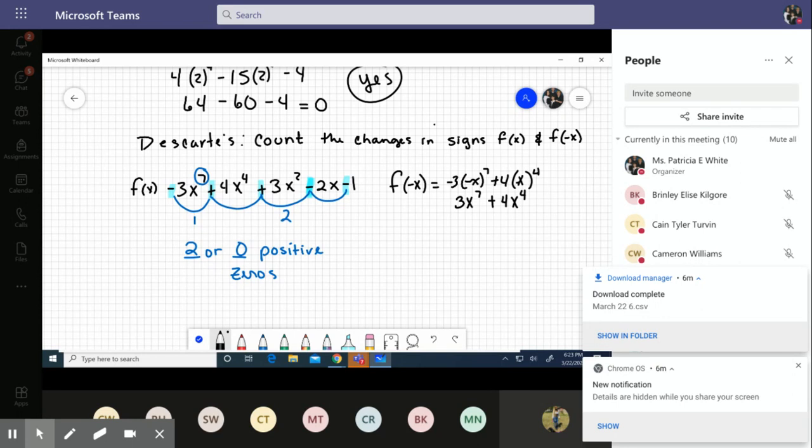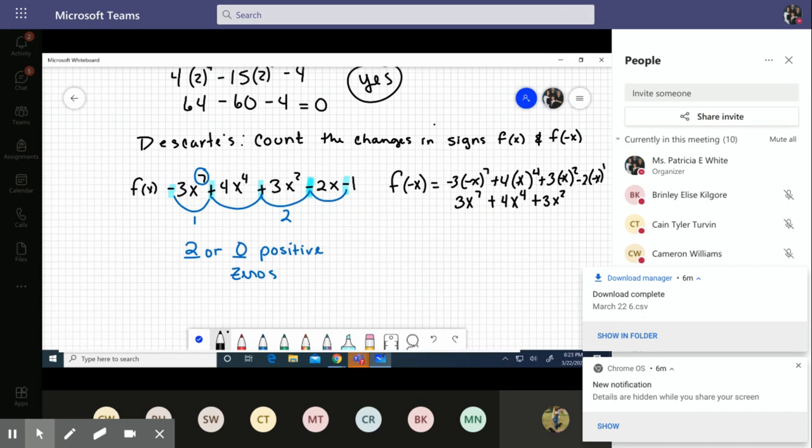Is the sign in front of the 3 going to change? What happens to a negative x raised to an even power? Should I change this sign? Plus 3x squared. Then I've got minus 2 times negative x.